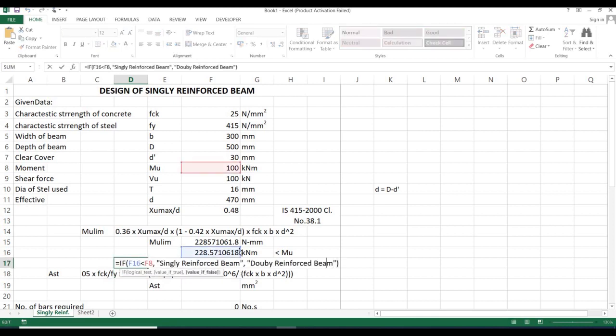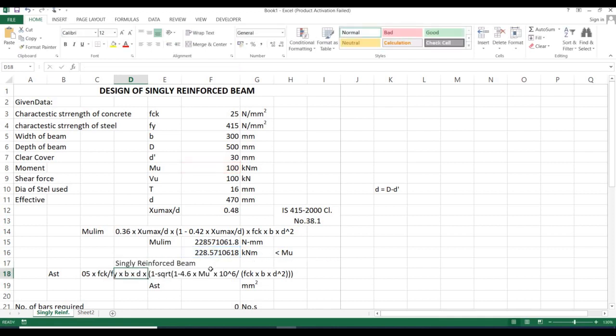Sorry, if it is greater than this, it should write singly reinforced beam. If it is a singly reinforced beam, whatever reinforcement I have to provide is fully on the bottom side itself, for the bending moment requirement.